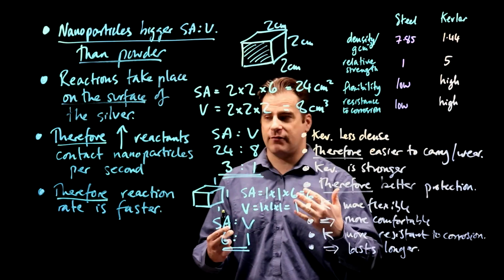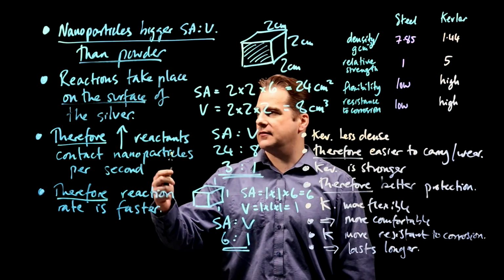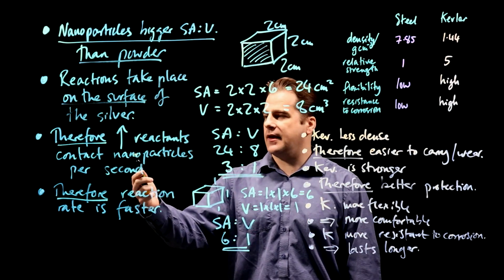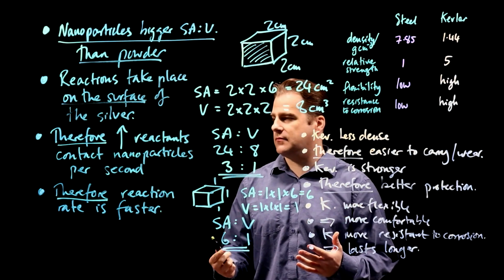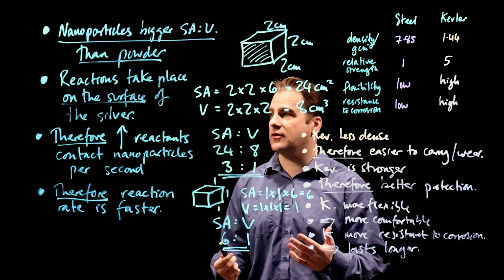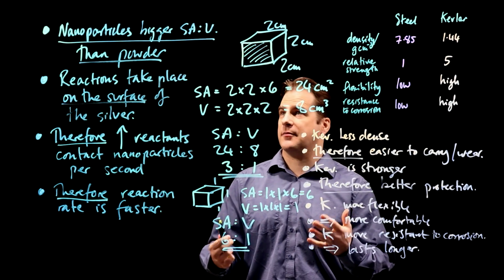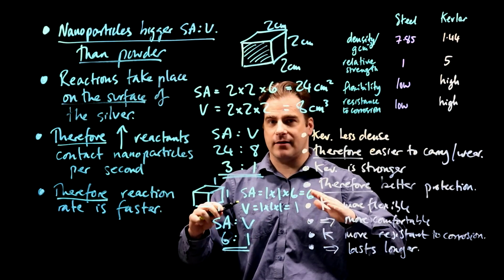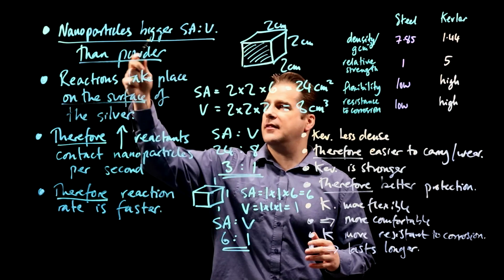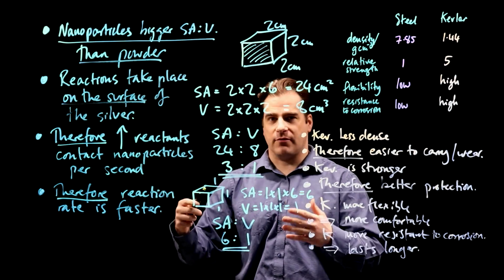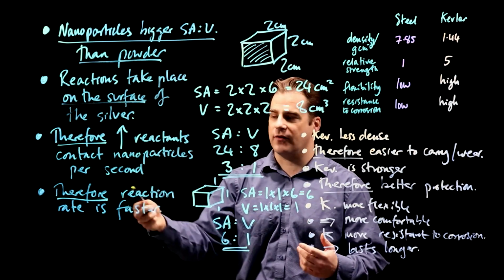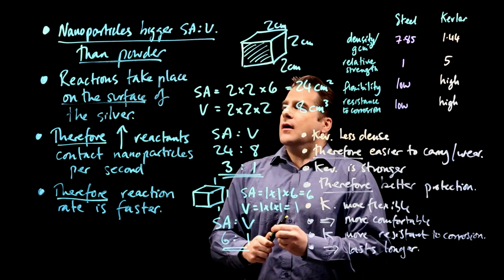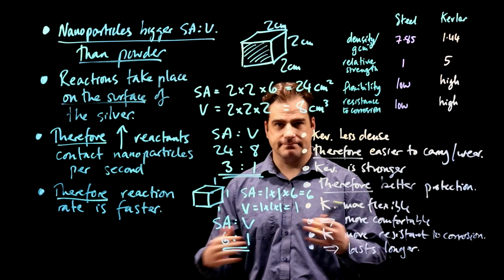It's better to say therefore. Don't say more reactants contact the nanoparticles per second because nanoparticles have a bigger surface area to volume ratio, because you're going backwards. It stops it dead. Okay? Say this and therefore something and therefore something, because it keeps the flow going. It's just a better way of doing it. Okay, there we go. Finished.